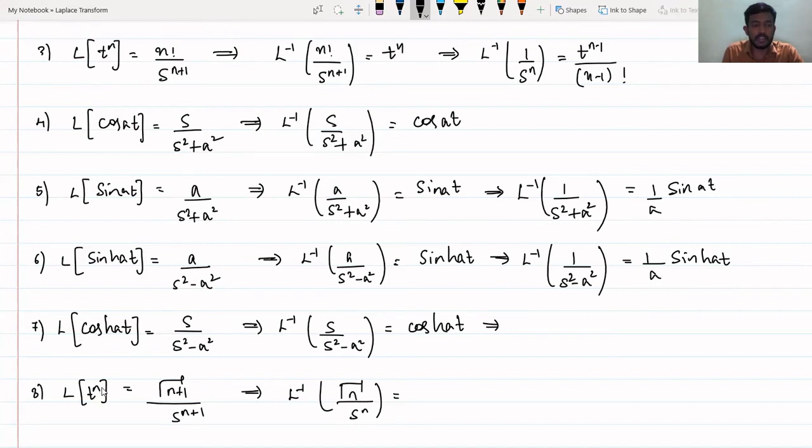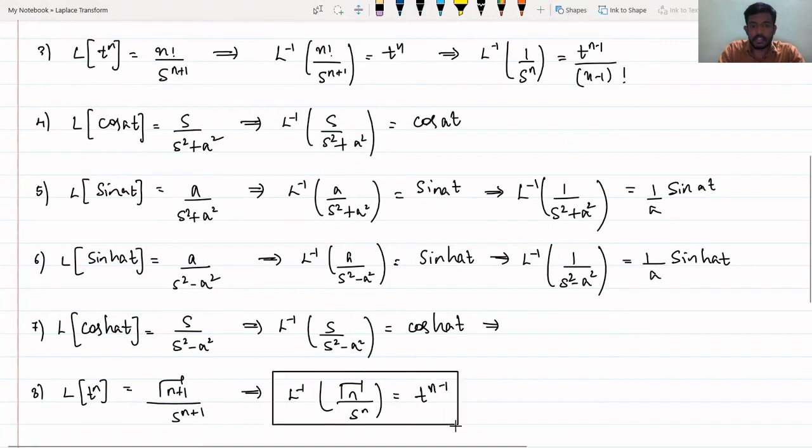If we have t power n, then the gamma function is one integer greater, and since we have gamma of n here, the inverse Laplace transformation is given by t to the power of n minus 1. So we just mark all the standard forms of inverse Laplace transformation. Using this, we solve the problems in the upcoming sessions.